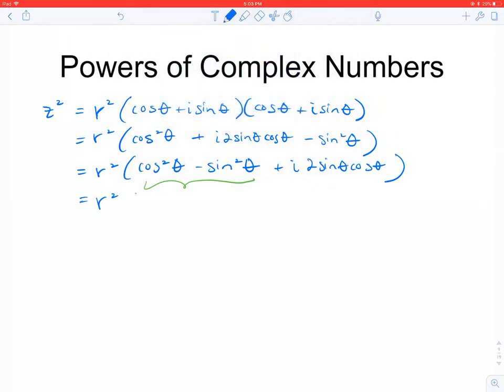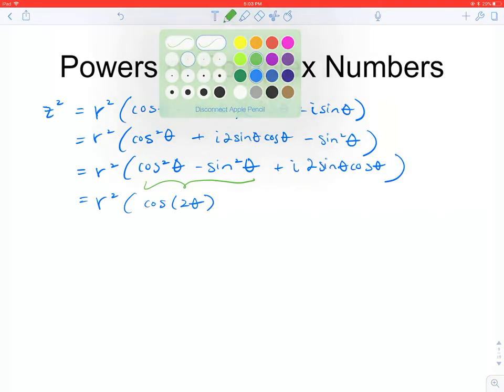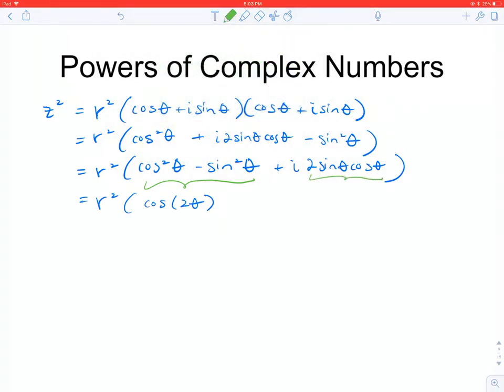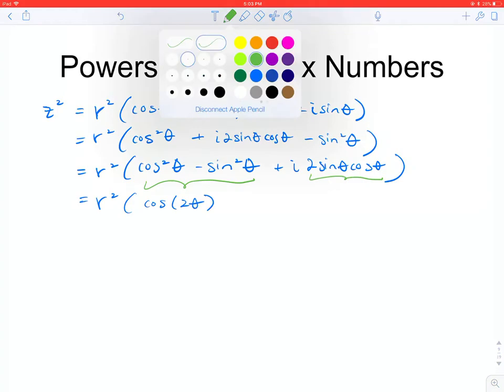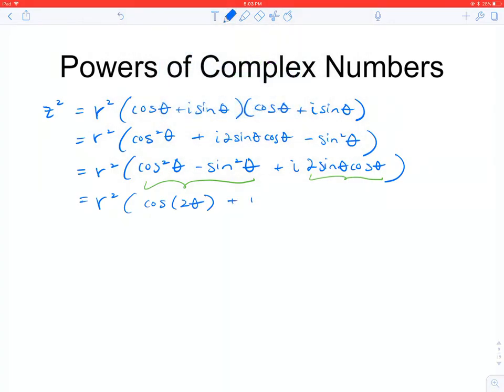Okay, so we still have r squared here. Now cosine squared minus sine squared, that's an identity. That's the double angle identity for cosine. And 2 sine theta cosine theta is the double angle identity for sine.